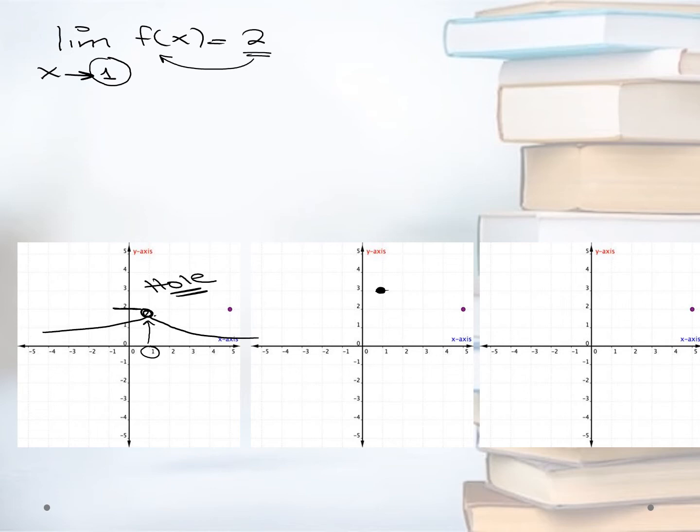Now, if we see that there is a point and there are lines like this, what have you seen? That there is a line coming from the left side, and this is the point at 1. And there is also a line coming from the right side, and both heights are the same, equal to 3.